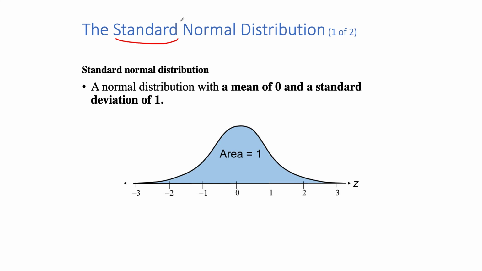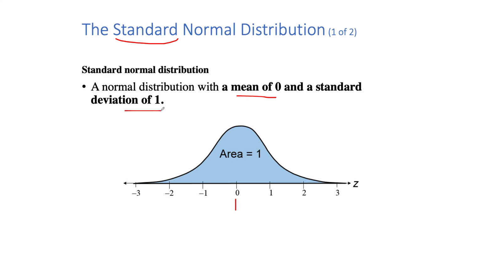But the two key features of a standard normal distribution are its mean and its standard deviation. It's a bell-shaped, symmetric distribution where the area under the curve is 1, but it has a specific mean of 0, so it's centered at 0, and its standard deviation is 1.